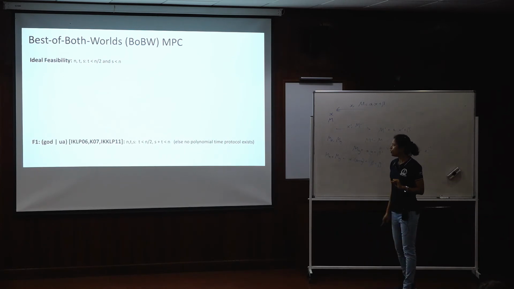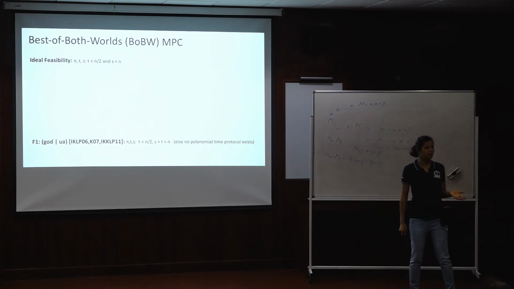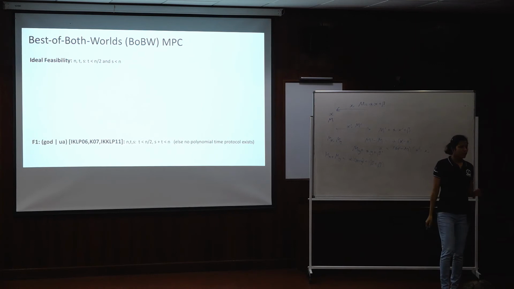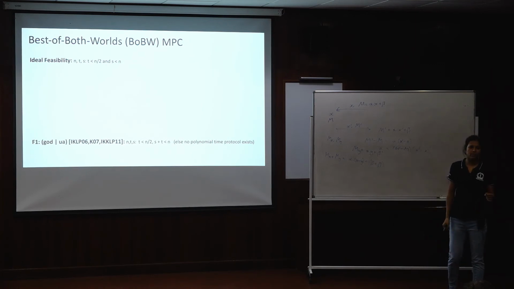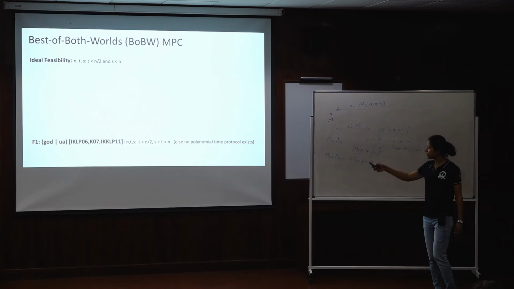Otherwise, no polynomial time protocol exists. Of course, we are interested in polynomial time protocols, and therefore we need this restriction. And what is the restriction? Again, S is the number of parties that you want to tolerate in the dishonest majority world, and T is the threshold that you want to tolerate in the honest majority world. Then we need n to be strictly greater than S plus T. So the impossibility result works for the case when n is less than or equal to S plus T. So that is what we need.